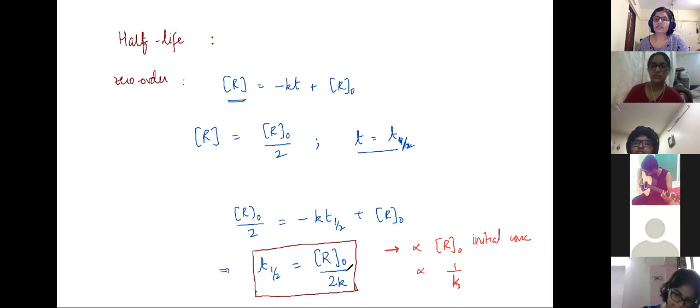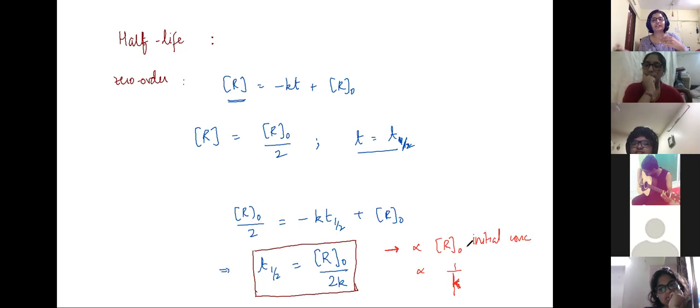Directly dependent on initial concentration means the more of a reactant you take, how much time is it going to take for it to reduce to half? Is it going to take more time or less time? More time, directly proportional. And the greater the rate constant of a reaction, its half-life will be lesser.